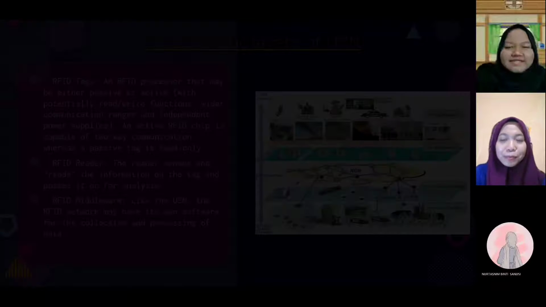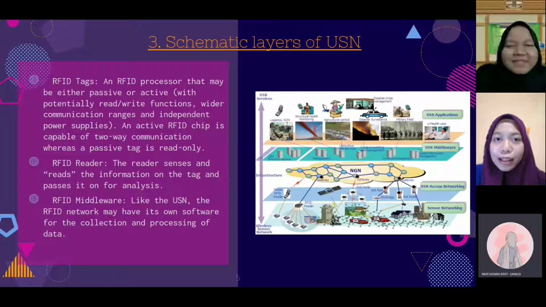Next, this is the schematic layers of USN. RFID tag is an RFID processor that may be either passive or active, with potentially write functions, wider communication range, and independent power supplies.